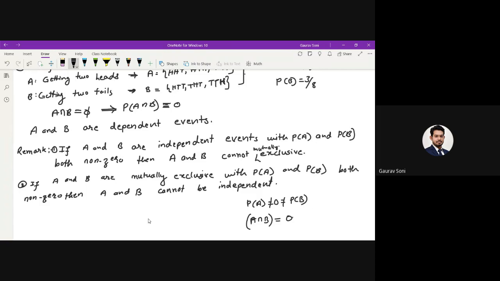But if they need to be independent, then probability of A intersection B has to be equal to probability of A times probability of B. But in this case, what will happen? This is a non-zero term and this is a zero term. So they can never be independent. Such events which are mutually exclusive with probability of A and B non-zero cannot be independent. Fine.